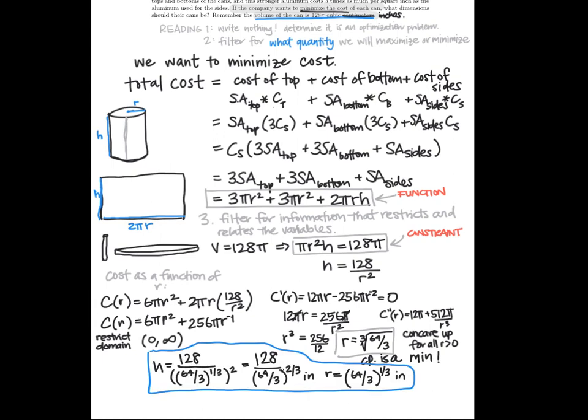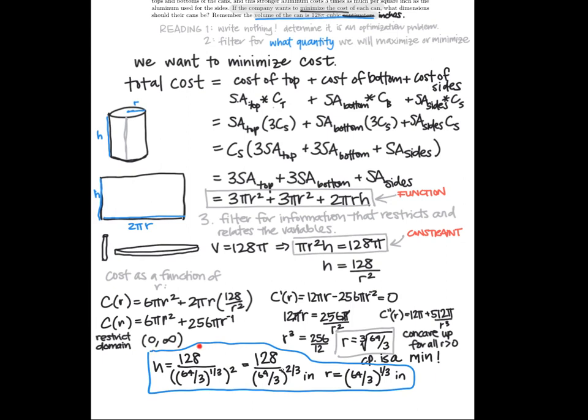And now we're done. Take a look back. Notice all of the rereadings we had, the layout of the problem. Here in the center, we started with a general equation for cost. We tied it correctly to surface area. We found a function first of two variables, used additional information to find a constraint on those variables, updated that original function with that information to get into a function of one variable, thought through the values for radius which would be relevant to our function to restrict the domain accordingly.